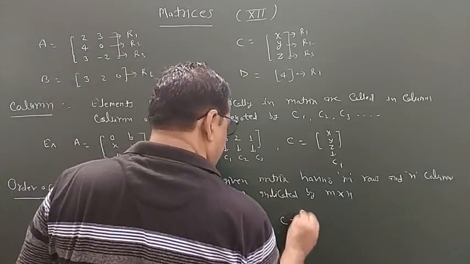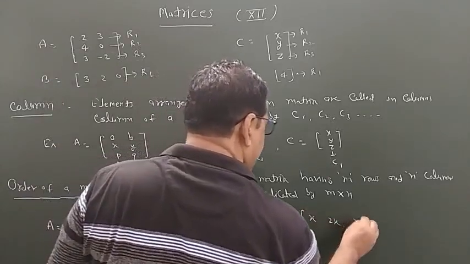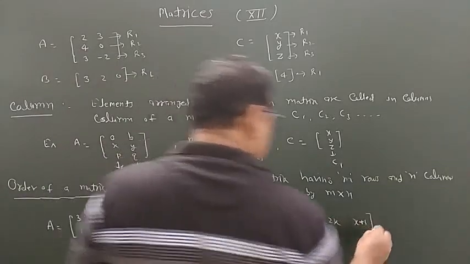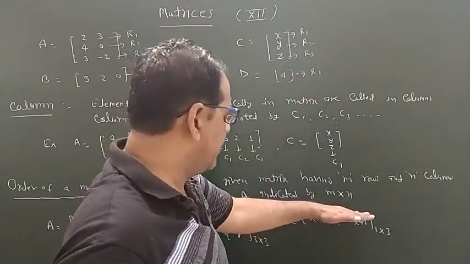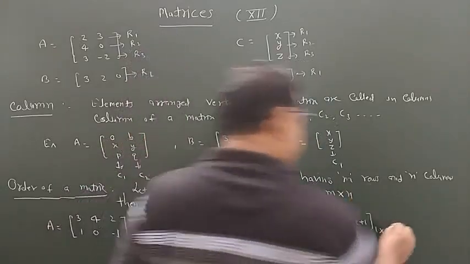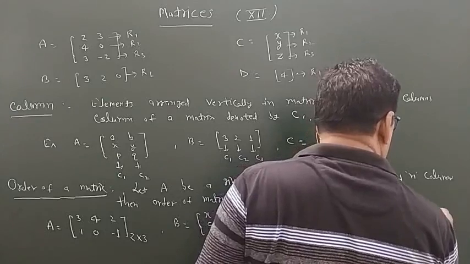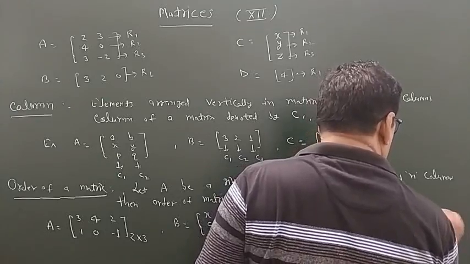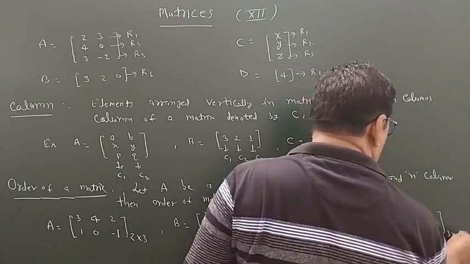Similarly, C equal to A, X, 2X, X plus 1. There is 1 row and 3 columns. And one more example I am showing: D equal to 2, 3, 4. So there are 3 rows and 1 column.